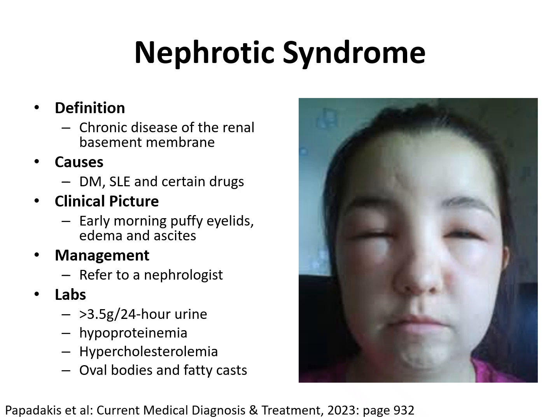And when hundreds upon hundreds of tiny fat droplets of these oval bodies clump together inside the tubule, they will then form fatty casts. And remember from pathology, fatty casts are pathognomonic, as far as you're concerned, of nephrotic syndrome. So you'll see both the oval bodies and the fatty casts in the urine in a patient with nephrotic syndrome.